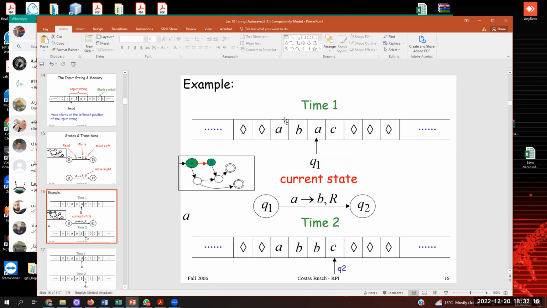So let's say this is my automata. Here I am at time 1. I will say A, this is my transition. Read A, then write B, and move to the right. And this is how it was. A, B. Now at time 2, I have, instead of this, B, and this is my pointer. This is at state Q2, and that's at state Q1.